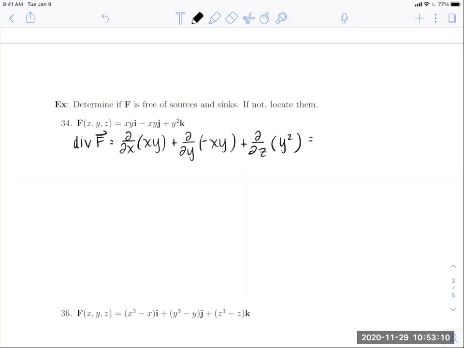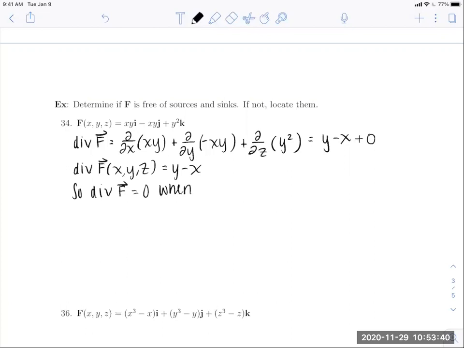So what we get out here is y minus x plus 0. All right, so how do we interpret this? Right now I have the divergence at any particular point. You might even want to write this as the divergence of F at any particular x, y, z is y minus x. We can note here that the divergence is 0 when y equals x.